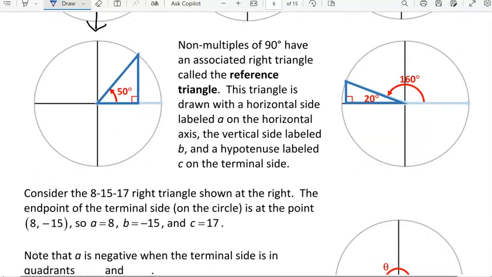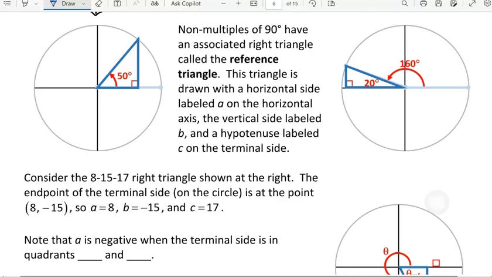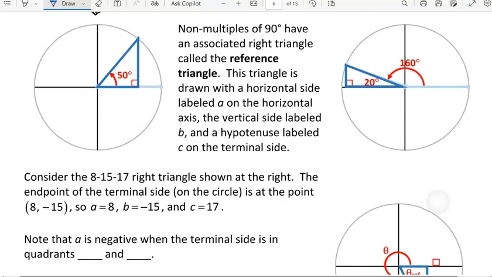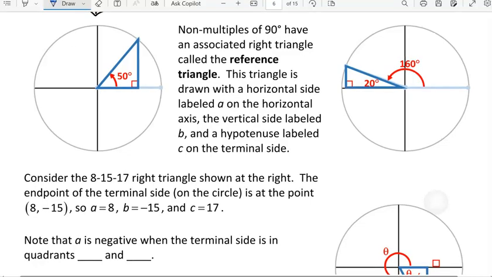All right, now we're going to study mostly, at the beginning here, angles that are not multiples of 90 degrees. Those are going to be special because our multiples of 90, 90, 180, 270, 360, they're all going to be angles that fall in between quadrants as far as the location of the terminal side. So they're going to have what's called a reference triangle.